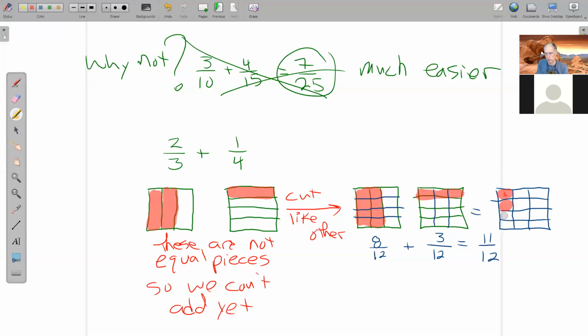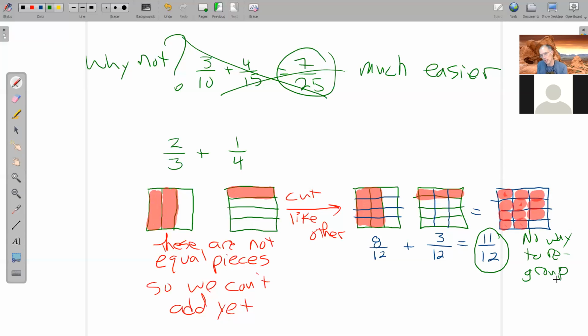So 1, 2, 3, 4, 5, 6, 7, 8, and then my 3 more, 9, 10, 11, and I have 1 extra. And no matter how hard I try to regroup here, if I group by 2 or 3, I'm always going to have something extra. And so the 11/12 is not going to reduce. So that would be the final answer, because we can play around and find that there's no way to regroup.